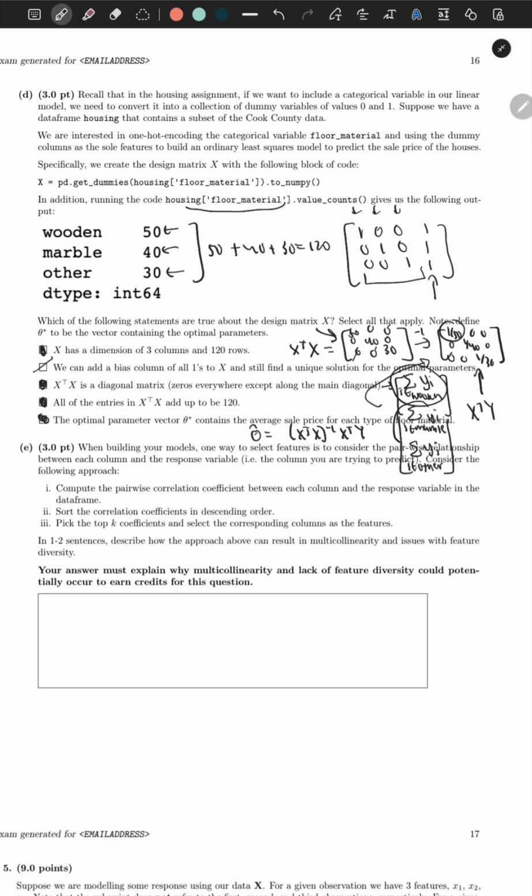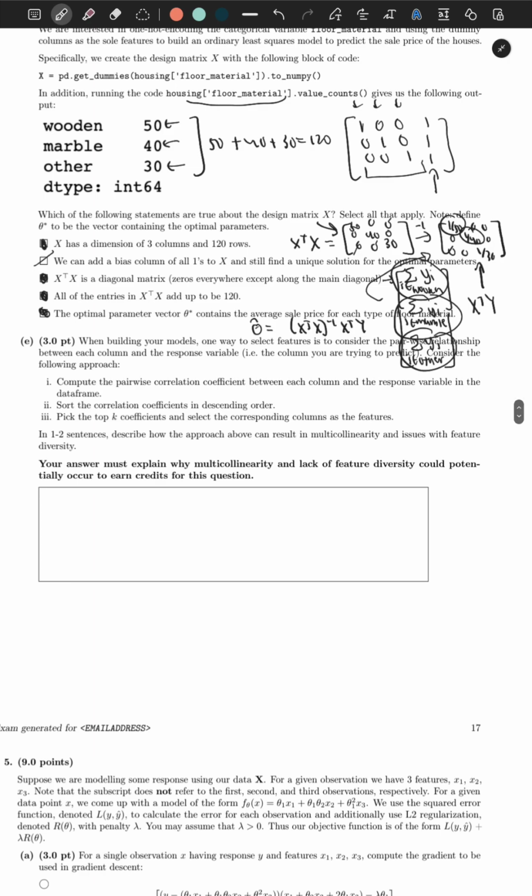Then same thing for the second element, we're adding up all of the total prices of the houses made with a marble material, and we're dividing it by the total number of marble houses that we have in our data set. And this is just taking the average of the price of all the houses with a marble material. And the same thing for the last element, the other. So option 5 is correct. The optimal parameter vector theta contains the average sale price for each type of floor material.